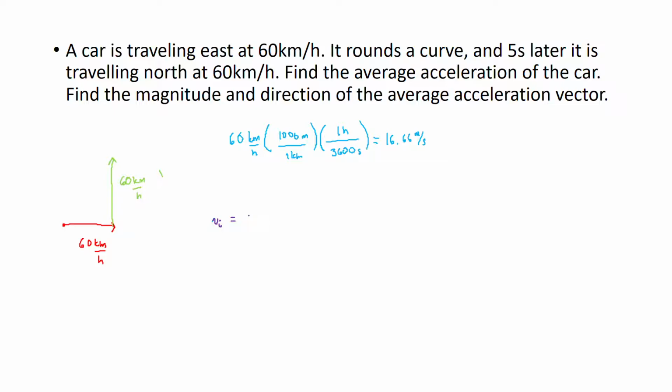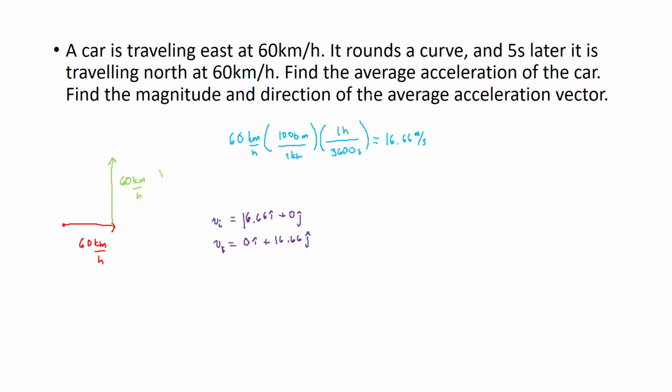Because it is 16.66 i plus 0j. This is because it's just moving over the x-axis. On the other hand, the final velocity would be 0i because it has no x component right here, plus 16.66 j.